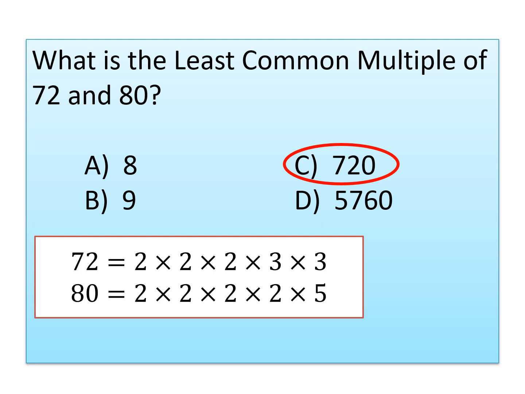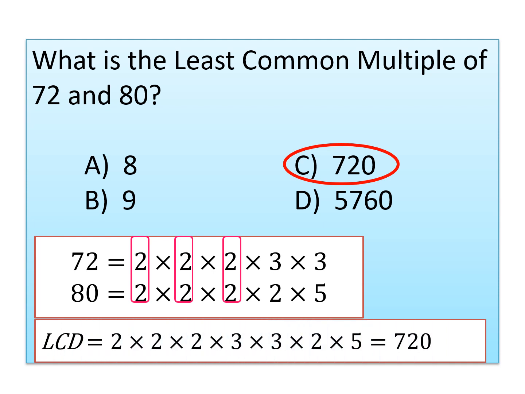So the prime factors of 72 is 2 times 2 times 2 times 3 times 3. The prime factors of 80 is 2 times 2 times 2 times 2 times 5. Then we get the greatest common factor, or the common factors, which are 2 times 2 times 2. And then you multiply it to the remaining prime factors of 72 and 80.